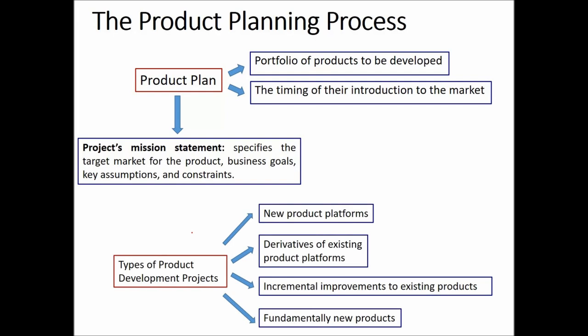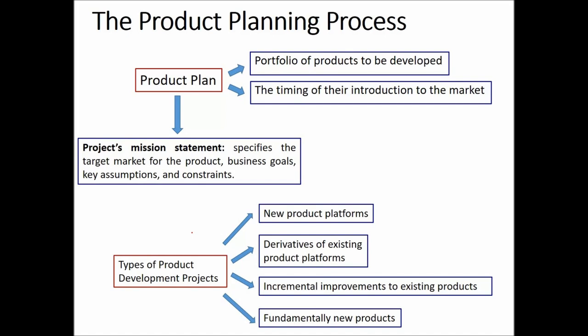So there are different types of product development projects that we need to handle. Some are new product platforms, so completely new product platforms, so that you could develop different products on that. And you can come up with certain developments as derivatives of existing product platforms. So you have the product platform like a computer.